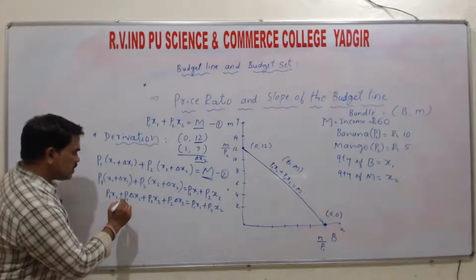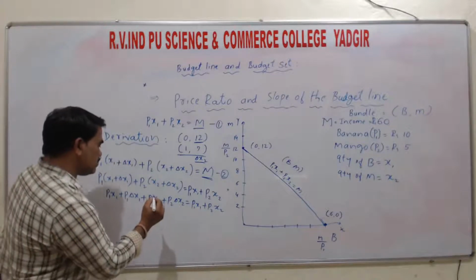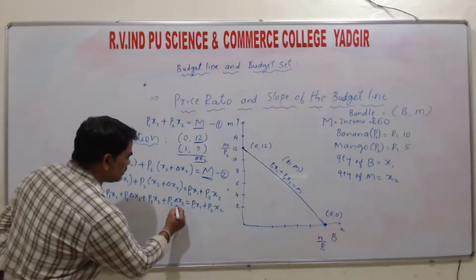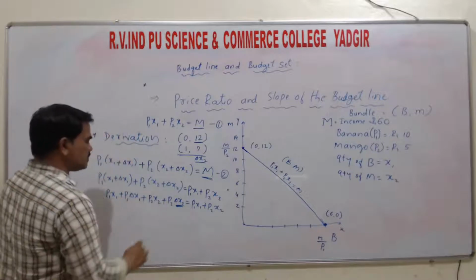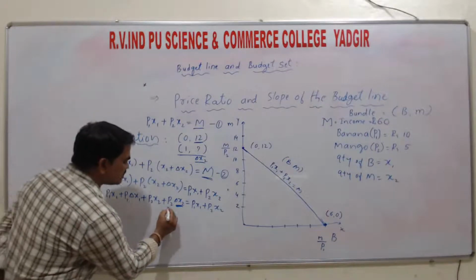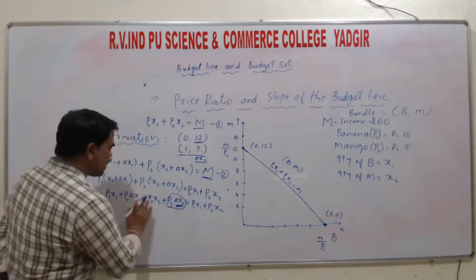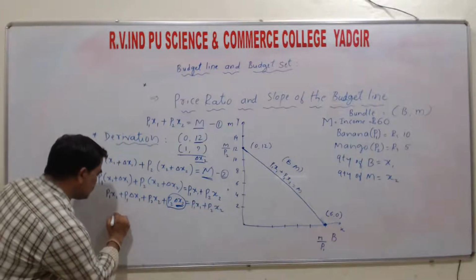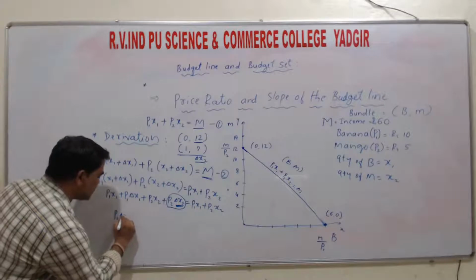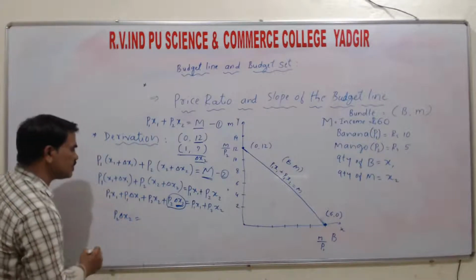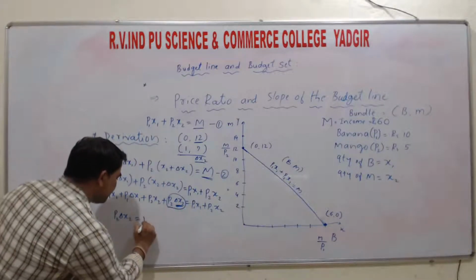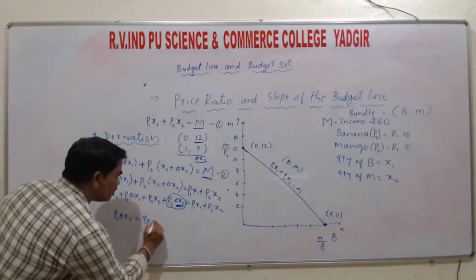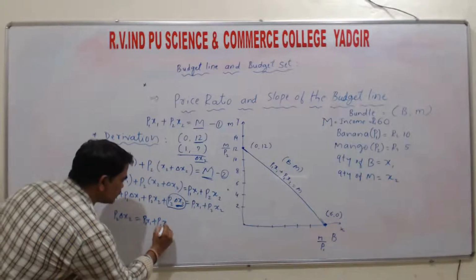Now I need to find out this. So keeping this on the left side, I take all these things to the right. P2 delta x2, here it is P1 x1 plus P2 x2.